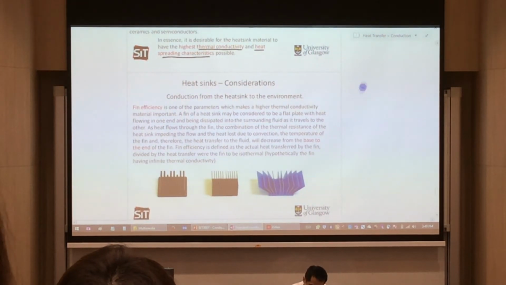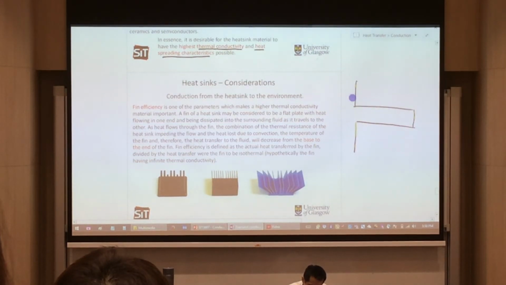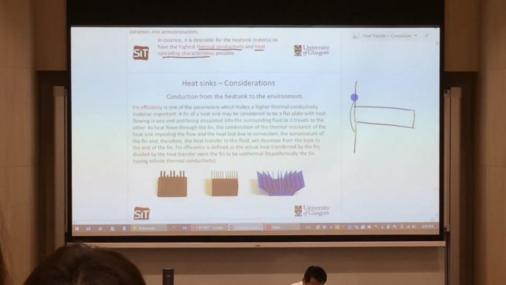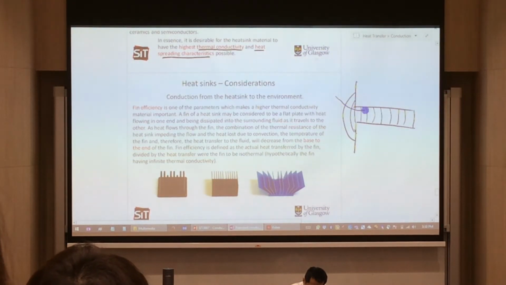I'm going to do a sketch of a cooling fin. And I'm going to sketch out a temperature profile inside the cooling fin. The kind of temperature profile that you're going to get is going to look something of this nature.